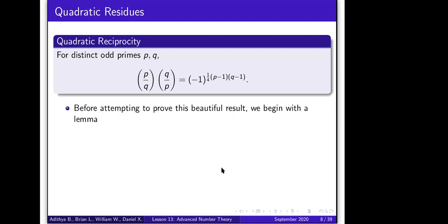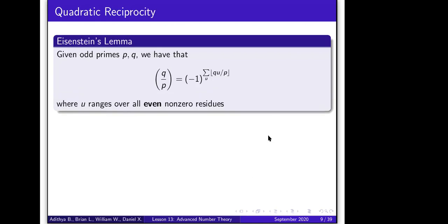Before attempting to prove quadratic reciprocity, we're going to begin with a lemma known as Eisenstein's lemma. Eisenstein's lemma states that given odd primes p and q, we have this relationship: (q/p) is equal to (-1) to the power of the sum of the floor of qu/p, where u ranges over all even non-zero residues.